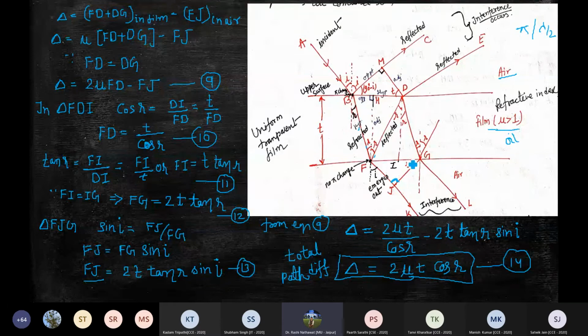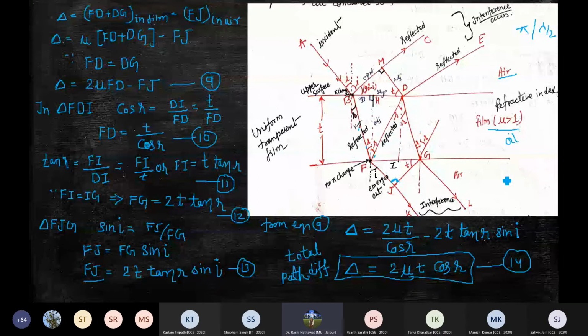But in that case, because it is traveling in the media, whatever path it travels will be cancelled out. It will not be considered because it is traveling in the same medium. If the medium is the same, there will not be any phase difference.